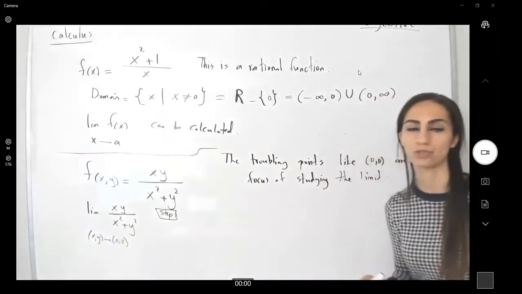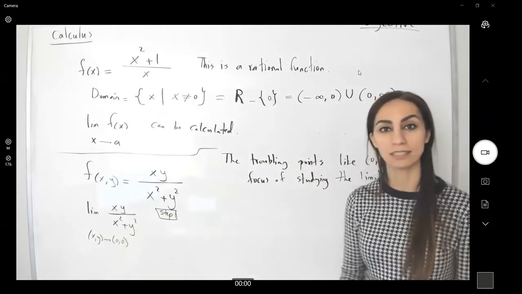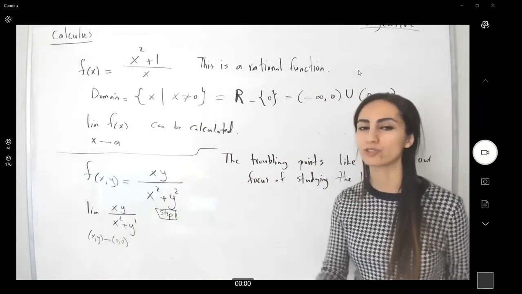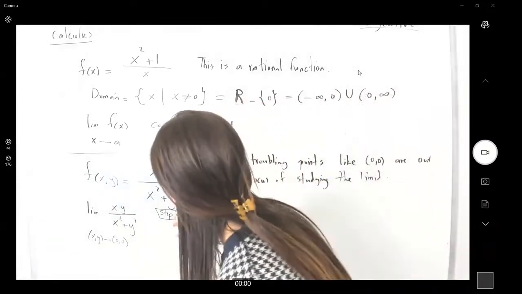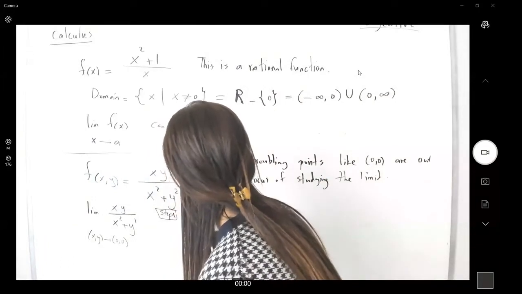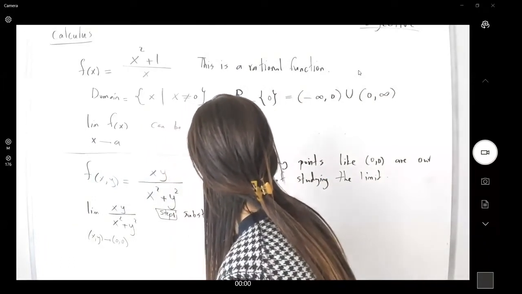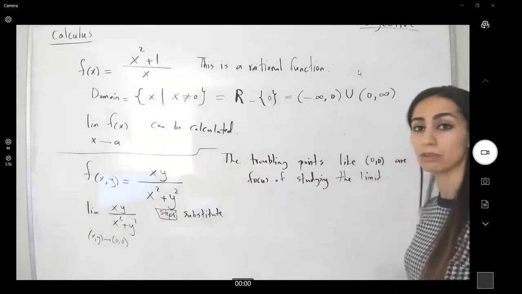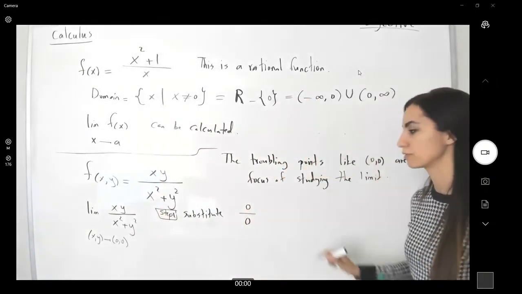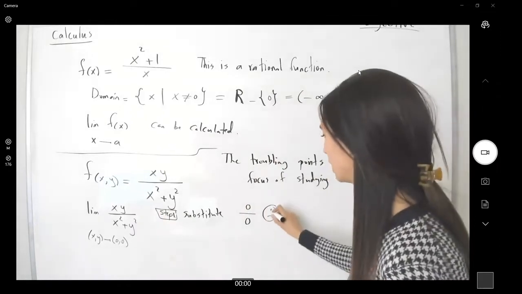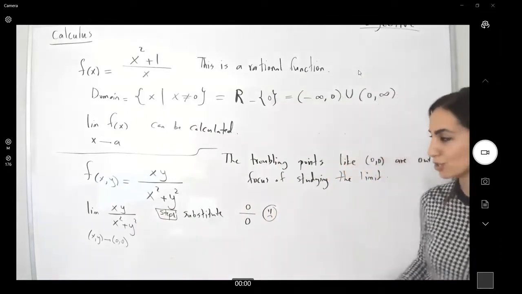Always do the substitution. Sometimes you're lucky and it is an actual number, not an indeterminate form. Step 1, substitute. If I substitute 0 and 0, I get 0 divided by 0, which is indeterminate form. So we have to move on to step 2.